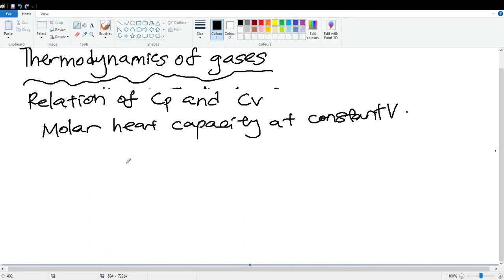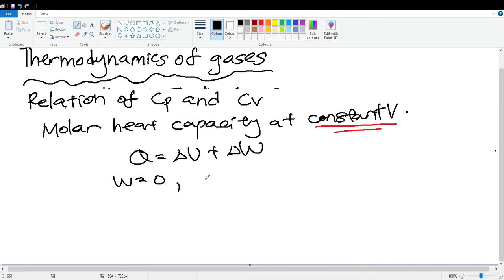From the first law of thermodynamics, we know that Q equals the increase in internal energy plus the work done by the gas. In this condition, which is constant volume, since the volume does not change, the work done is equal to 0. From this equation, we can see that Q equals the internal energy of the gas.